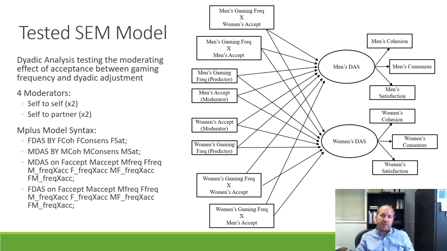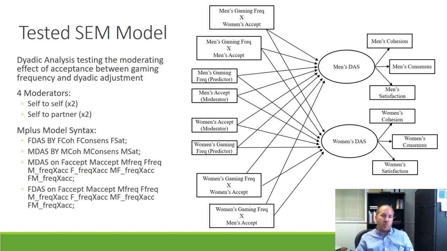Because of that, we have 4 moderators. We have the self-to-self, so men's gaming and men's acceptance, women's gaming and women's acceptance, and we have 2 self-to-partner, so men's gaming on women's acceptance and women's gaming on men's acceptance.